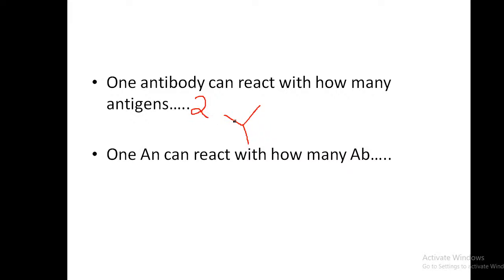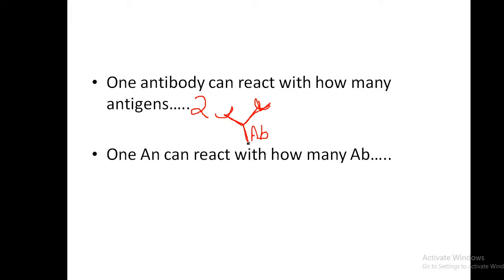2. How? Here this is an antibody. See, this is an antibody and the antibody has 2 antigen binding sites.